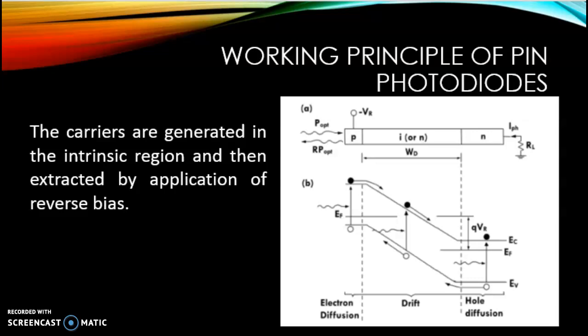The doping level of I region is of the order of 10 to the power 13 per cm cubed, and the intrinsic layer has low conductivity and high resistivity due to low free charge carrier density. The applied reverse bias voltage drops almost entirely across the intrinsic region, which is totally depleted at the low value of reverse bias.